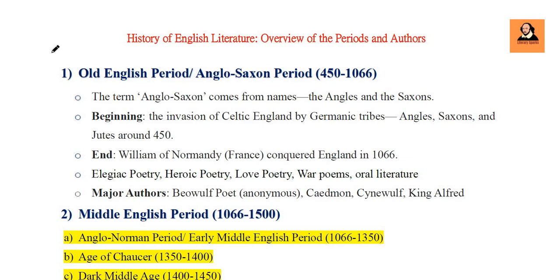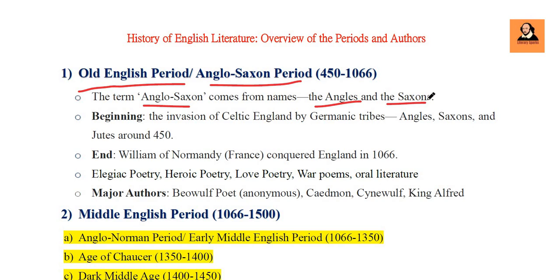Let's start. If you look at the history of English literature, it is divided into particular periods. The first period we have is the Old English period, which is also known as the Anglo-Saxon period, which spans from 450 to 1066. Now, why is the period called Anglo-Saxon? The term Anglo-Saxon comes from the names the Angles and the Saxons.